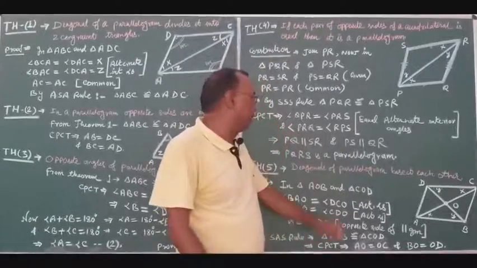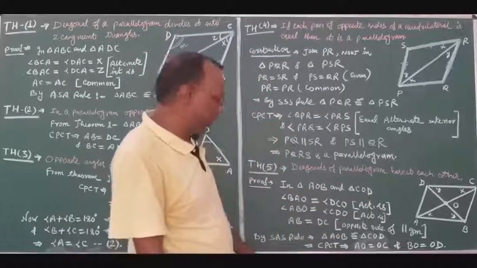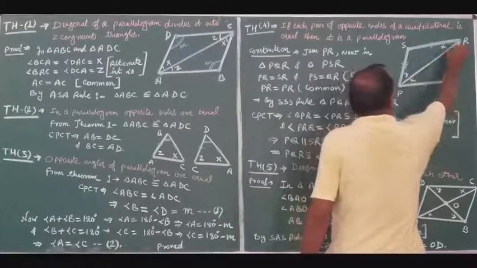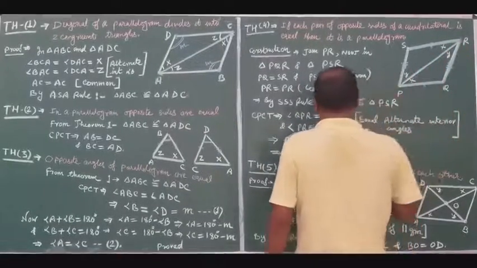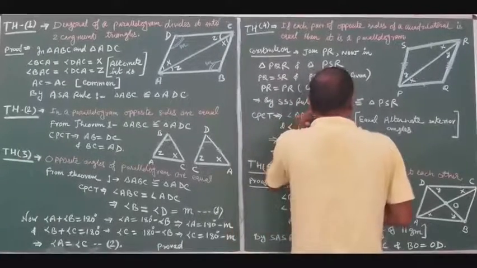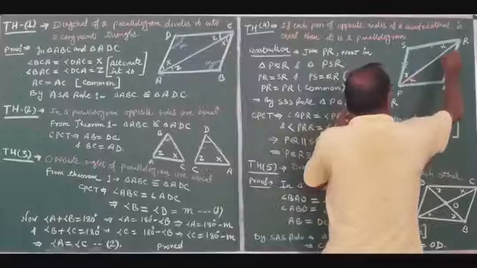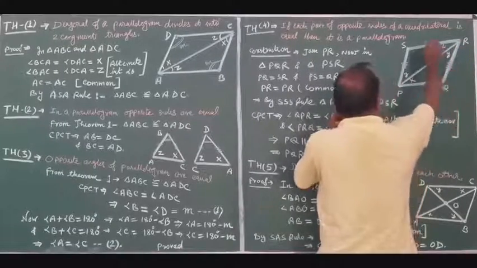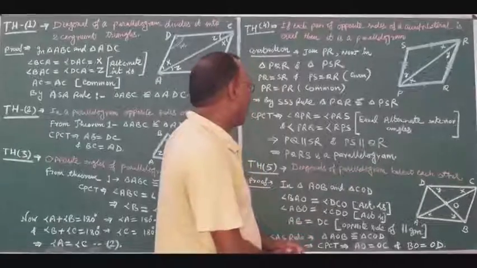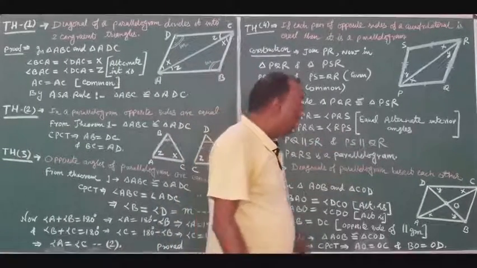Now by CPCT, angle QPR will be equal to angle PRS, and angle PRQ will be equal to angle SPR or RPS. So just look at these two angles.